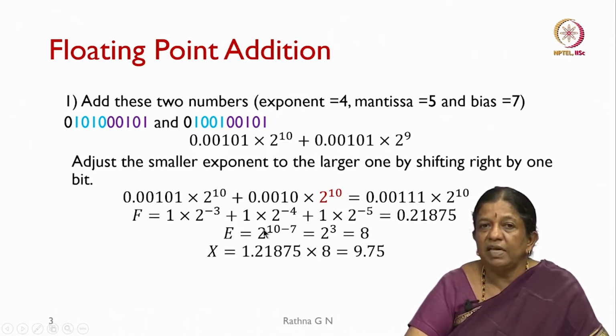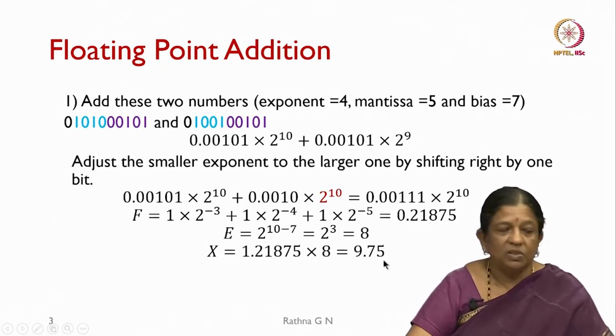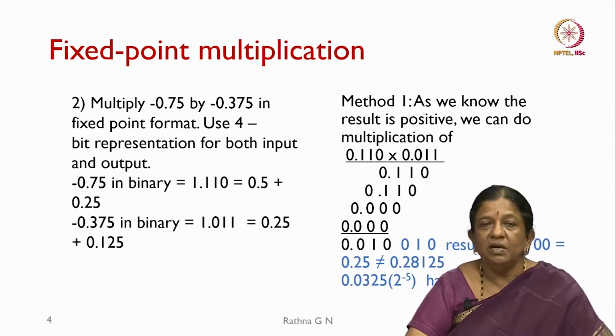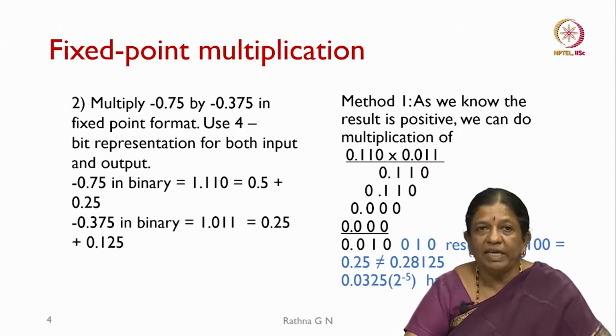The exponent is the biased one, and bias is given as 7 in this case. So, it will be 10 minus 7, which is 2 power 3, and if we do the multiplication by 8, the resultant is 9.75. So, this was the first assignment problem I had given.